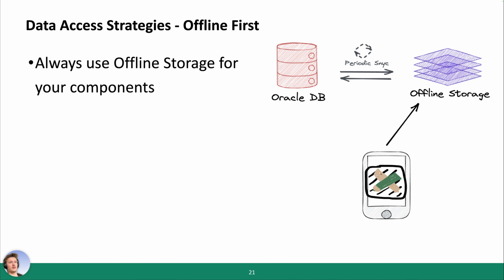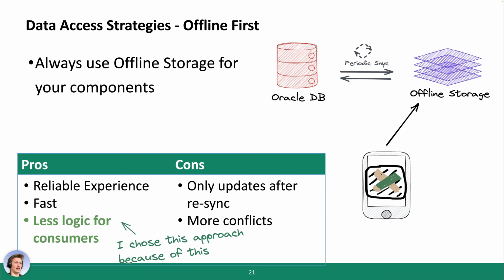And so the other approach is offline first, and basically you always go to your offline data storage, and they just sync when you're online. Pros are basically the opposite, but also it's reliable, so it doesn't matter how fast or slow your internet is.